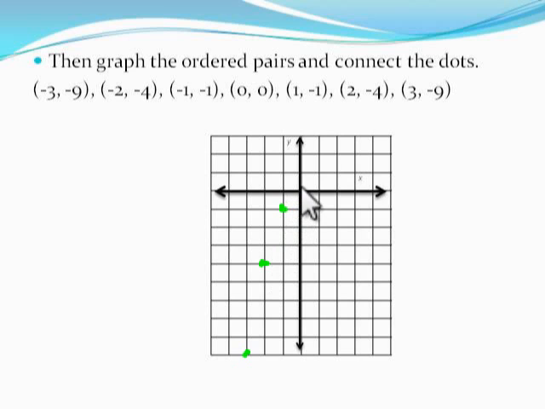0, 0. 1, -1. 2, -4. And 3, -9. Now, what we have here then is a parabola.